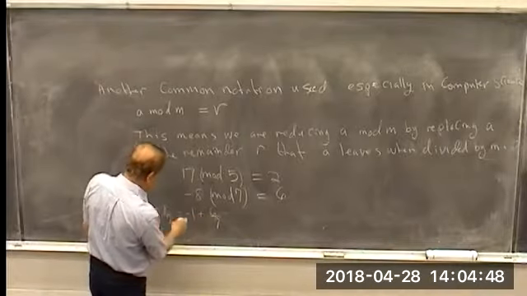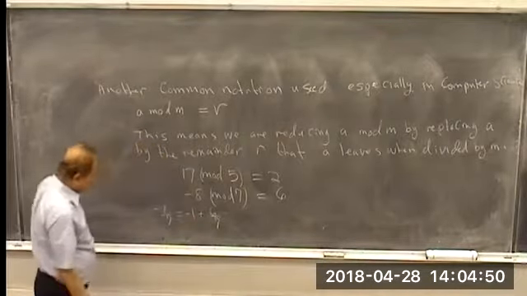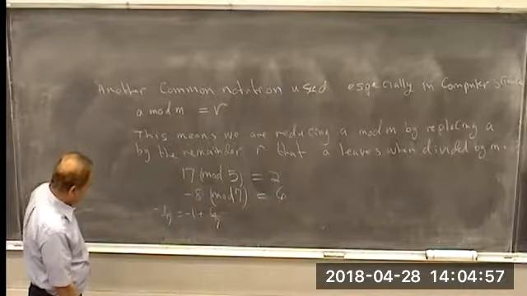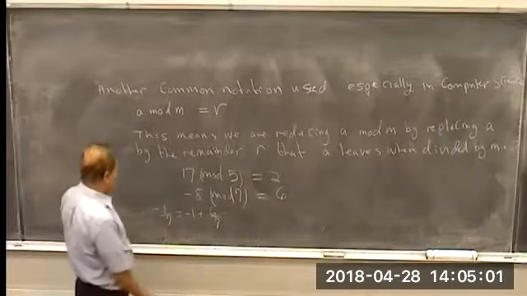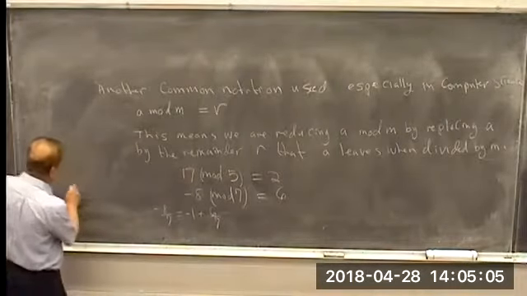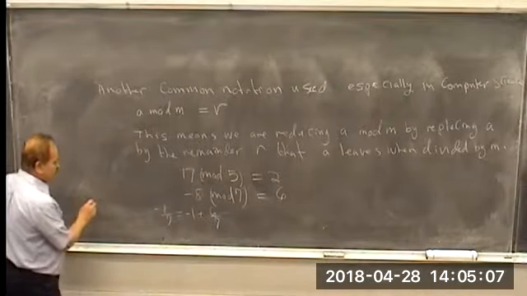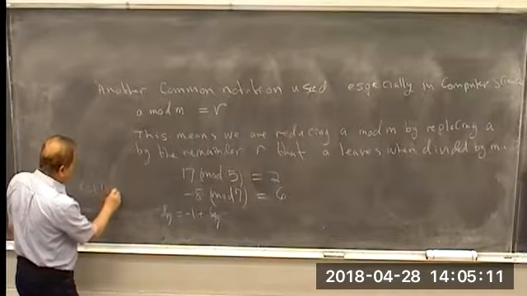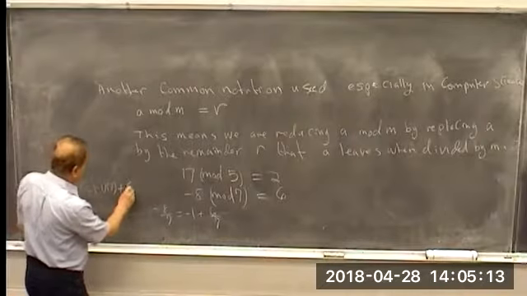Okay, so minus 8 over 7. How are we going to write this one? In other words, we write negative 8 is equal to minus 1 times 7 plus 6.